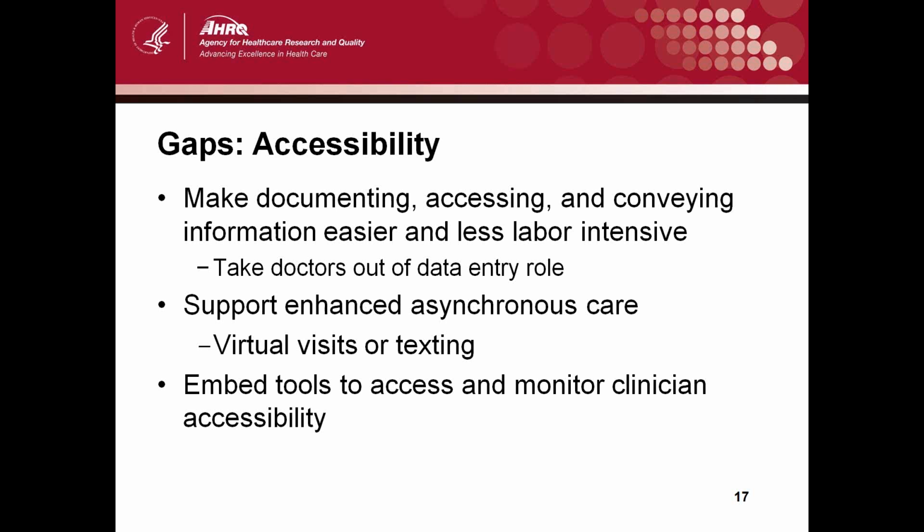And then a common theme that came up was not just having functionality in the electronic health record that could promote these primary care attributes, but also having functionality embedded that could automate some of the tracking and monitoring of how folks are doing. So around accessibility, a lot of practices put a lot of effort into calculating time to third next available visit or other things that might be a way that they could monitor their accessibility. But this is something that could be automated through the electronic health record process.